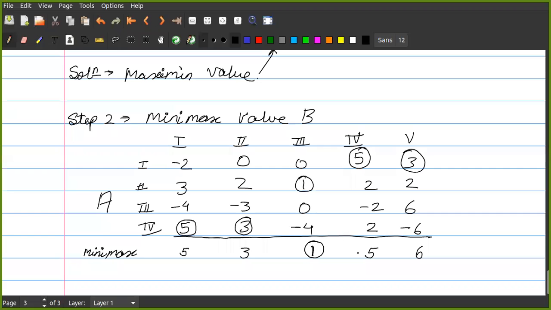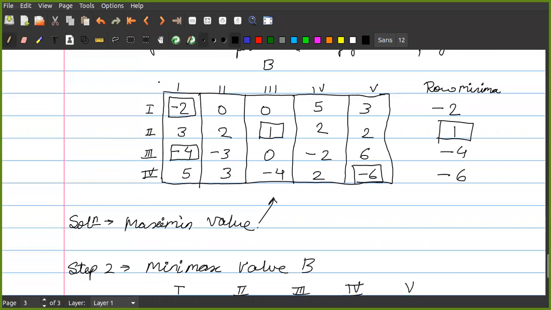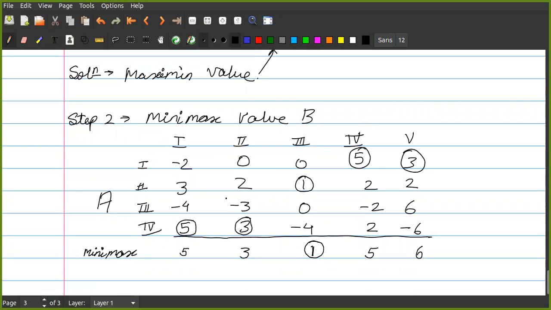Okay. Now for saddle point, we are going to see these values, these boxes. So we are going to create another table. You will have to create another table for step 3, that is saddle point.